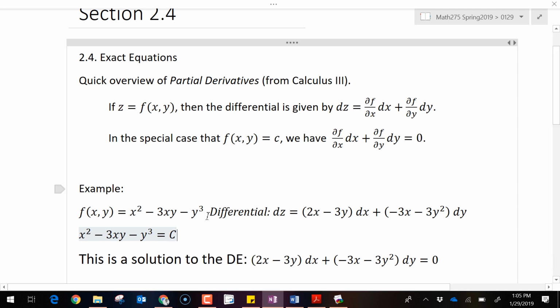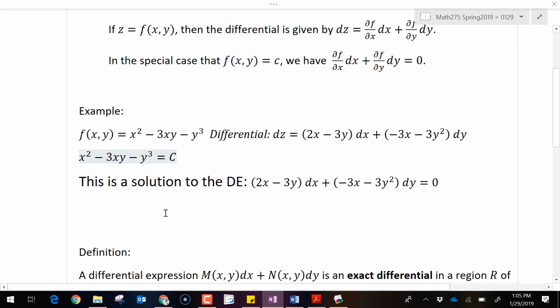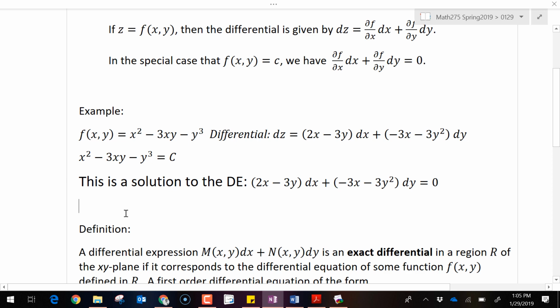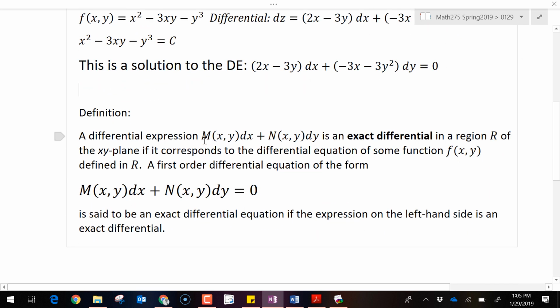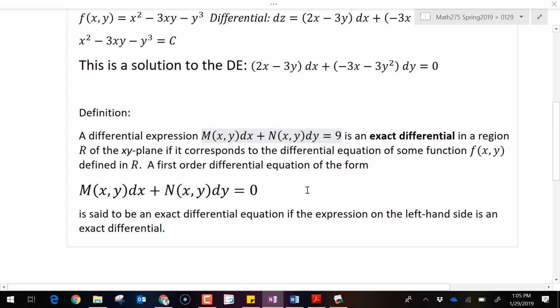This is exact. These types of equations are called exact equations. So let's define what it means to have an exact equation. The definition here: a differential equation of this form, I should say is equal to 0, is called an exact differential equation if it corresponds to the differential of some function f of x, y, defined in whatever region we're talking about.